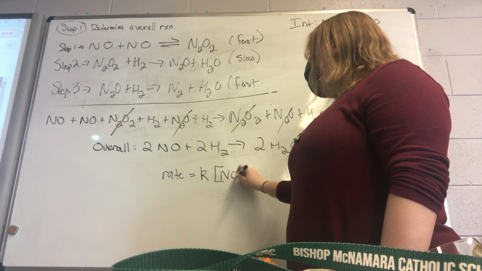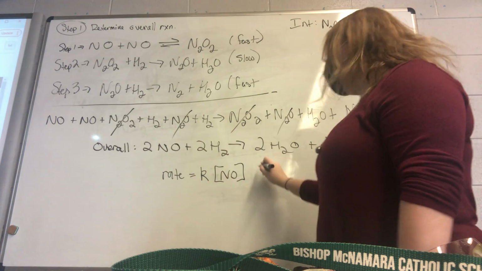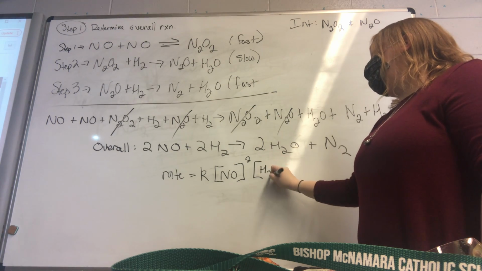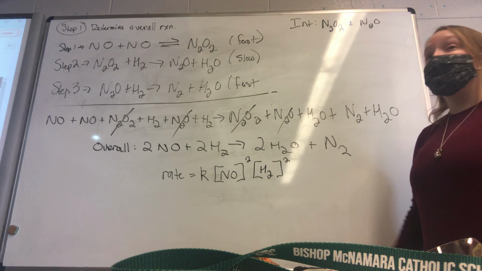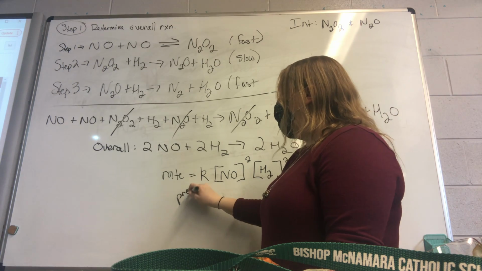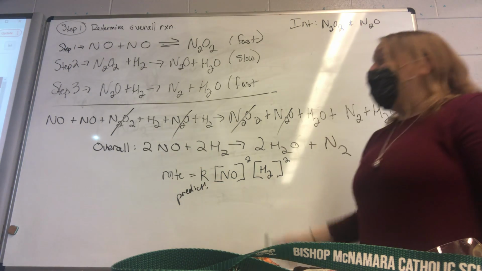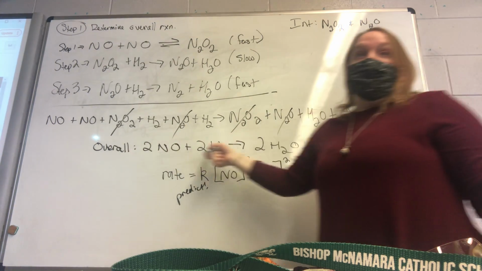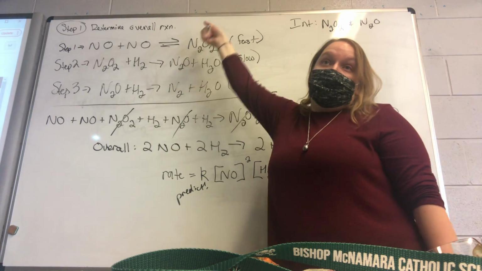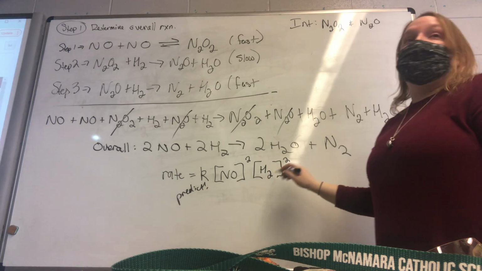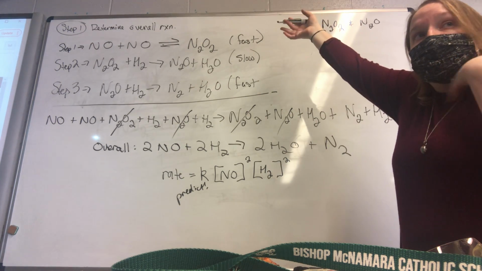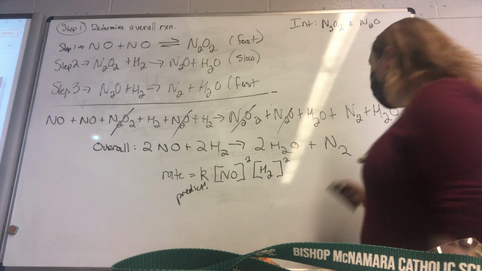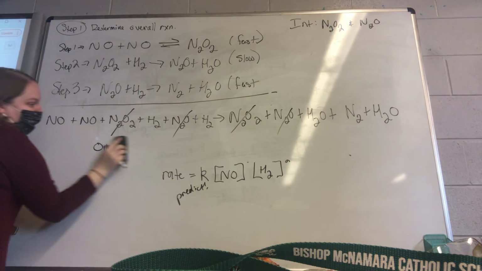You would do NO squared, because there's a 2 in front, times H2 squared. This is our prediction, based on the fact that if we were just given this reaction, we wouldn't know about the steps. We can't really do this, because we know there's more than one step involved, and we're going to see what the real rate law is by doing a bunch of math. Woo! There's more math? There's more math.